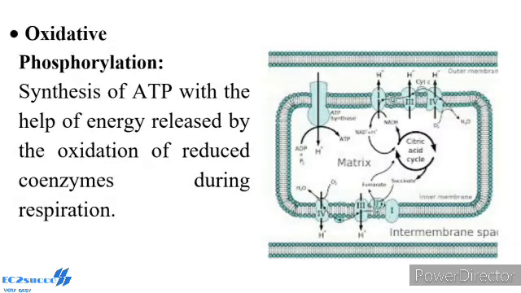Another one, oxidative phosphorylation. Synthesis of ATP with the help of energy released by the oxidation of reduced coenzyme during respiration. Oxidative phosphorylation is the synthesis of energy-rich ATP molecules with the help of energy liberated by oxidation of reduced coenzymes like NADH2 and FADH2 produced during respiration.